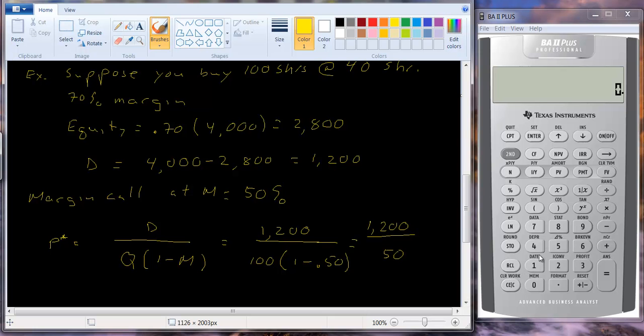Let's just work that out. You're going to get a margin call at a price of $24. So as long as the price is above $24, you're good. If it falls to $24 or below, your broker is going to call you up and ask you to put more money into your account. So this is a crucial number for you to know. If you start getting close to 24, you know that you may be getting a margin call.